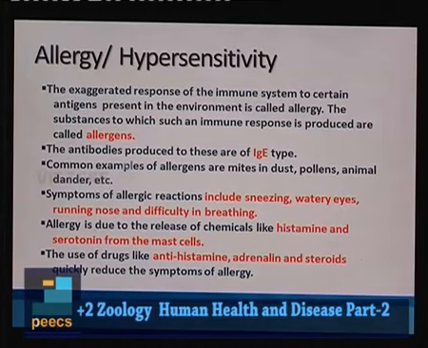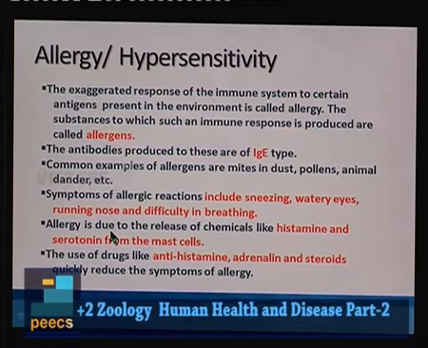What are the common examples of allergens? Dust particles, mites, pollens, animal dander. So, any material can act as an allergen. The symptoms of allergic reactions are sneezing, watery eyes, running nose, and difficulty in breathing. What is the reason for the characteristic symptoms of allergy?